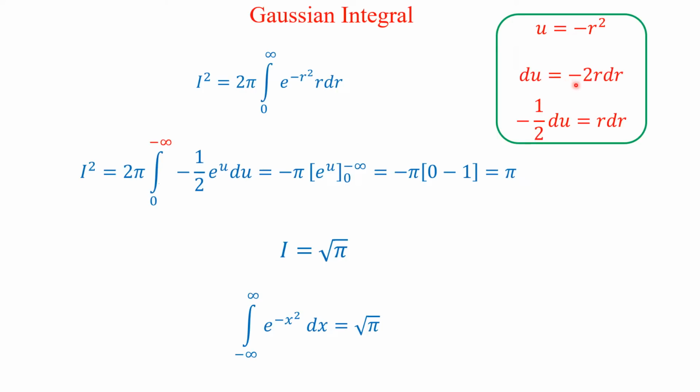Then du is equal to minus 2r dr. If you bring the minus to the left-hand side, you get minus du over 2 equal to r dr. So you replace minus r squared by u, and r dr is equal to minus du over 2. Now the 2 will get cancelled.